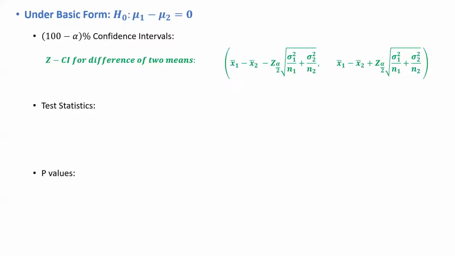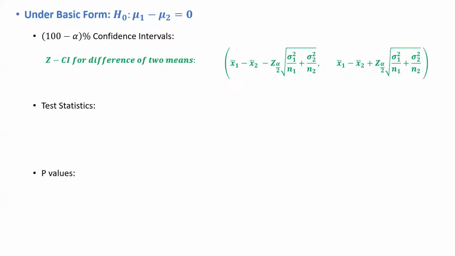Sigma 2 squared is the variance of population 2. n1 is the size of the sample taken from population 1. And n2 is the size of the sample taken from population 2. You can directly use the calculator TI-84 to construct this confidence interval. Therefore, you do not have to remember this equation.